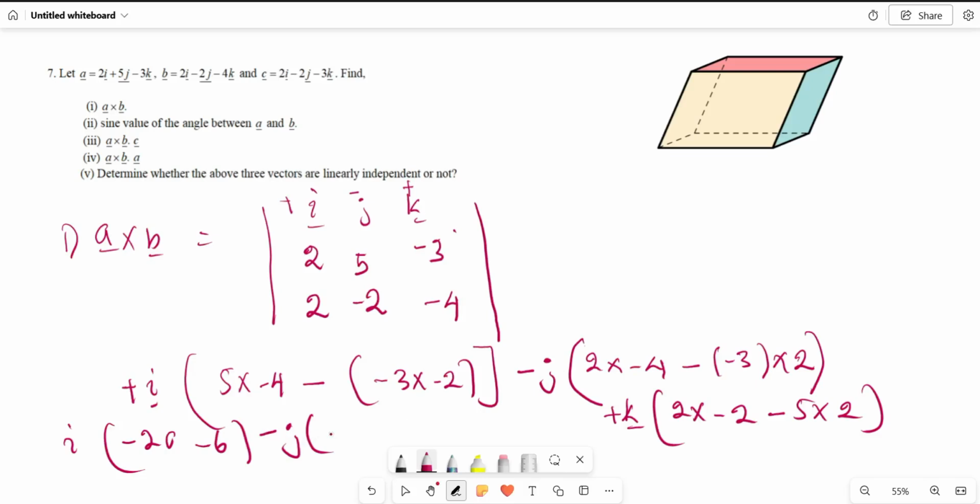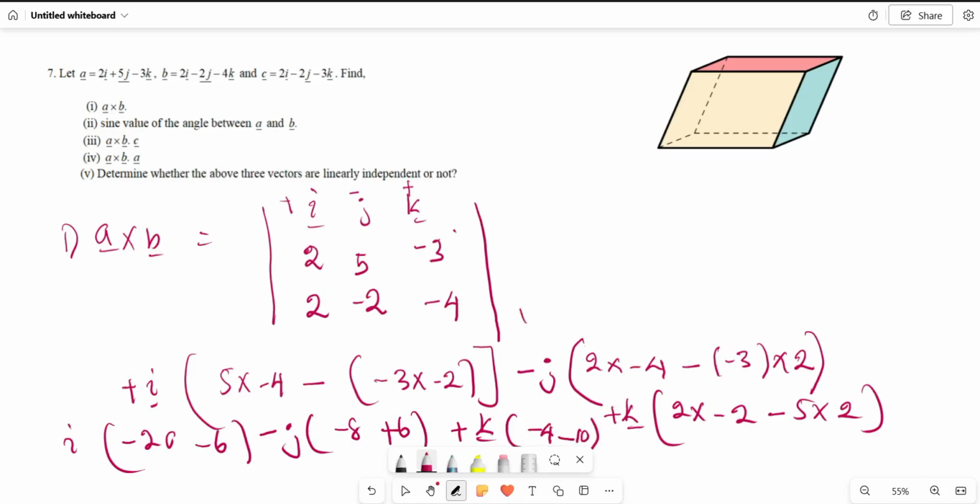You can say minus 2j. Minus 8, and I will write in the same manner, otherwise it is confusing. Minus 8 plus 6, and here plus k, you are getting minus 4 and minus 10.